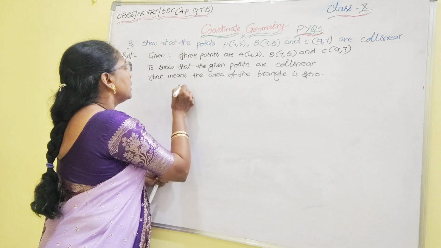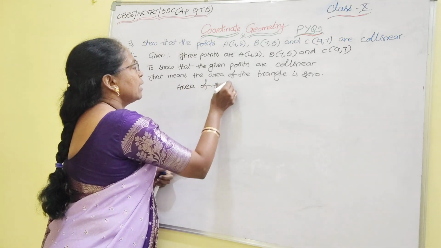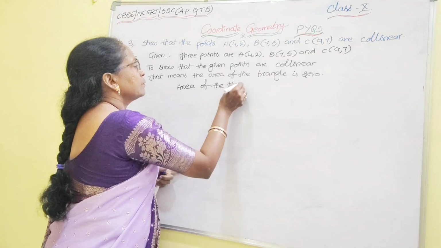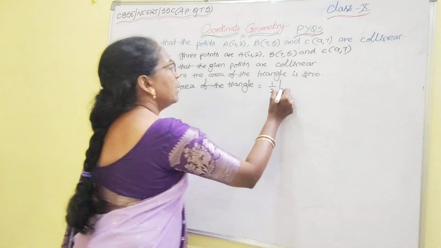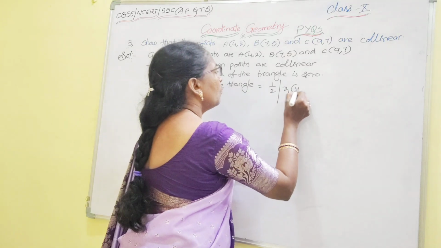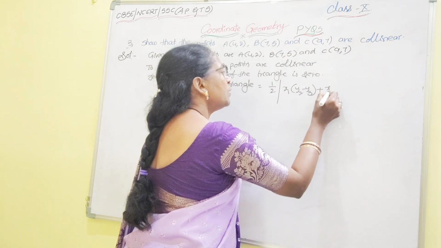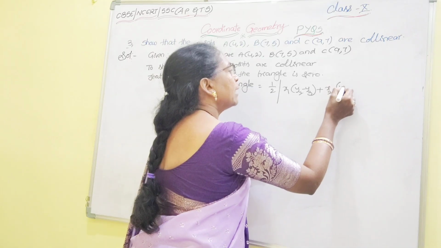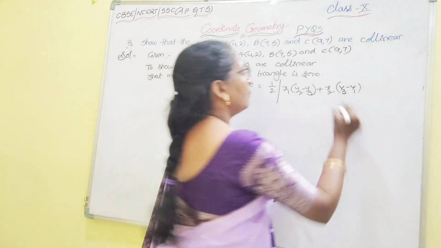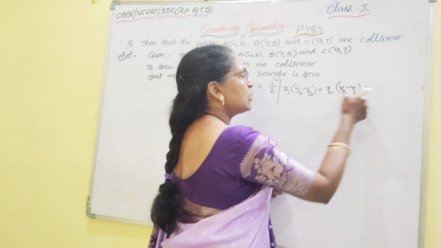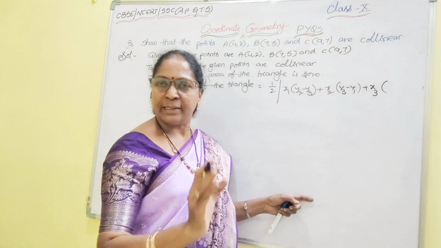Area of the triangle equal to half modulus x1 into y2 minus y3 plus x2 into, here 2 is there, remaining 3 and 1 you write down, y3 minus y1 plus x3 into, 3 is there, 1 and 2 you have to write down, write in the order.